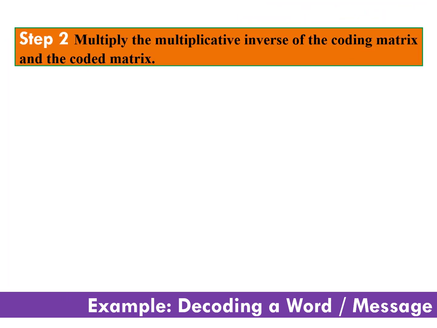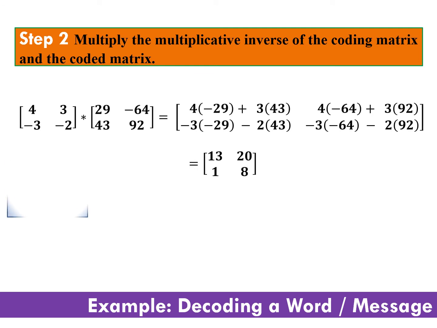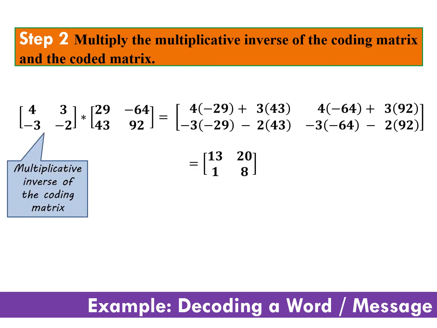Step 2. Multiply the multiplicative inverse of the coding matrix and the coded matrix. We shall write first the multiplicative inverse of the coding matrix, then the coded matrix. We have to remember that we cannot interchange the order of these matrices.